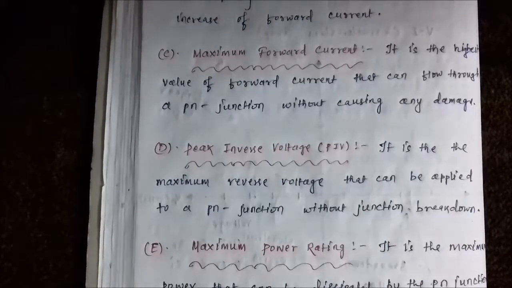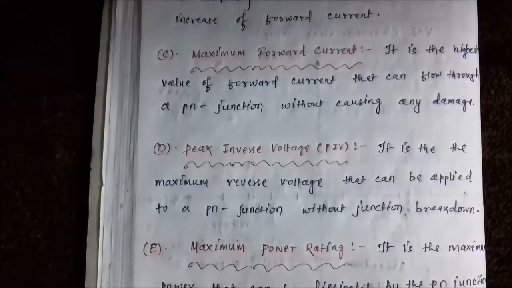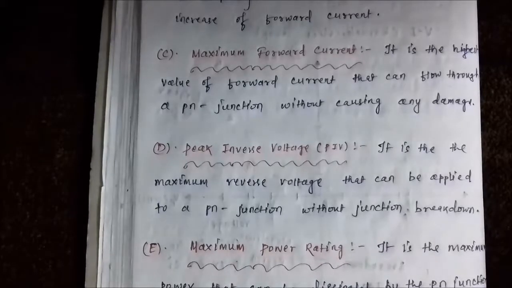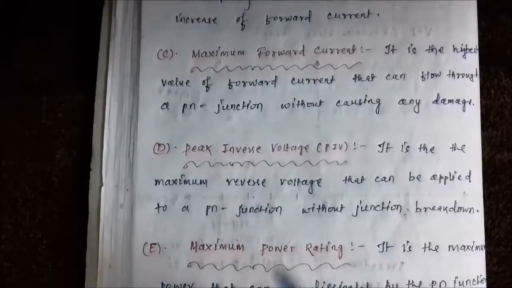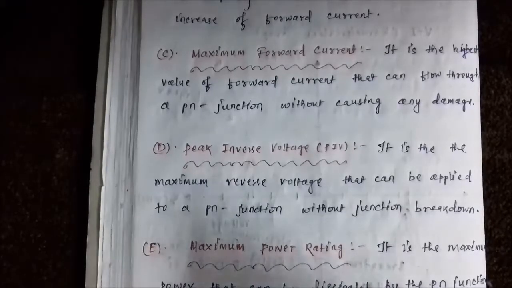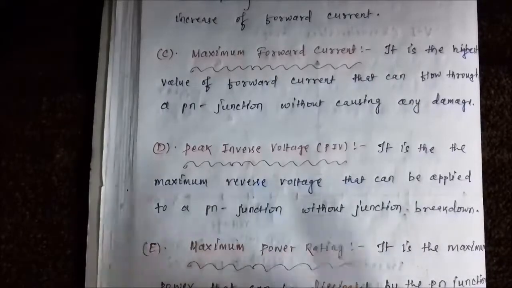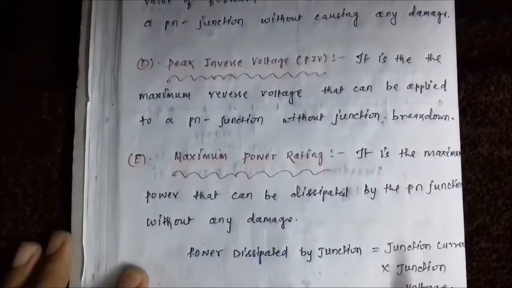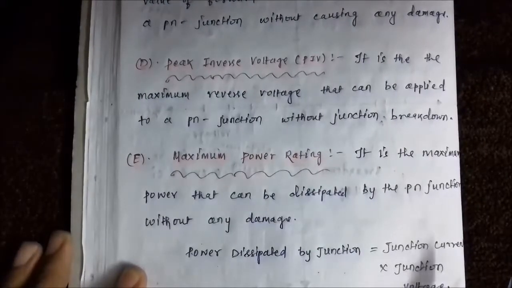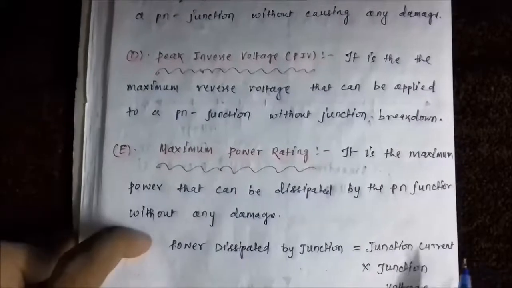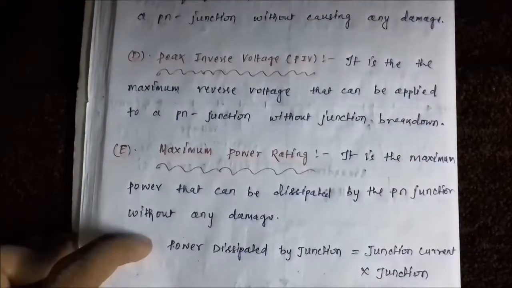Then is the peak inverse voltage. It is the maximum reverse voltage that can be applied to a PN junction without causing the breakdown of the junction. It is related to the breakdown voltage. Then we have the maximum power rating.